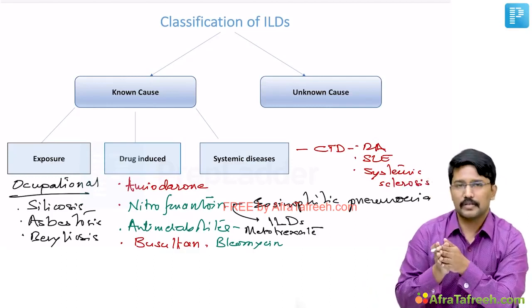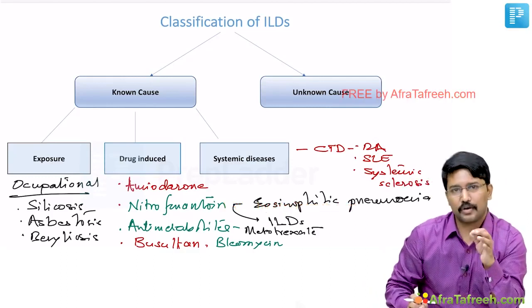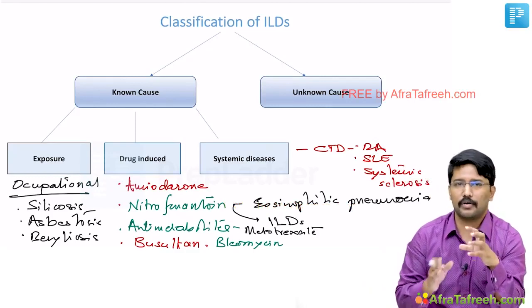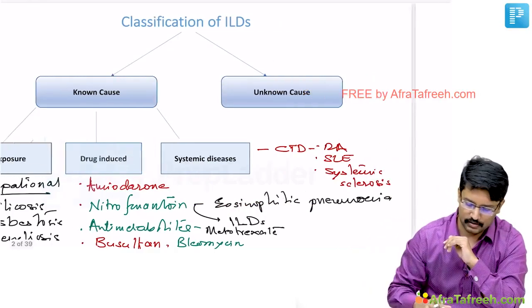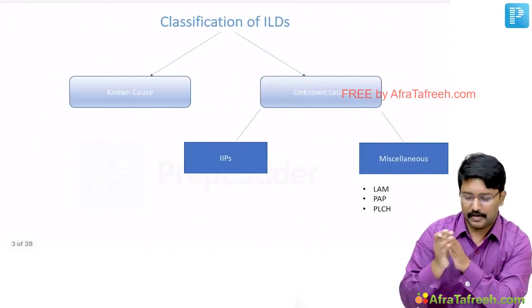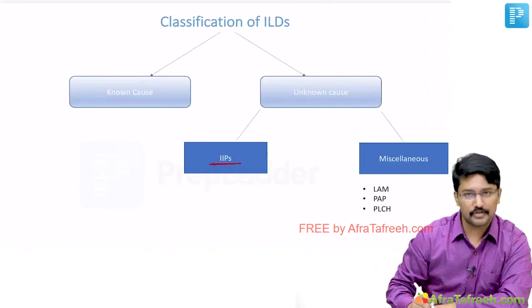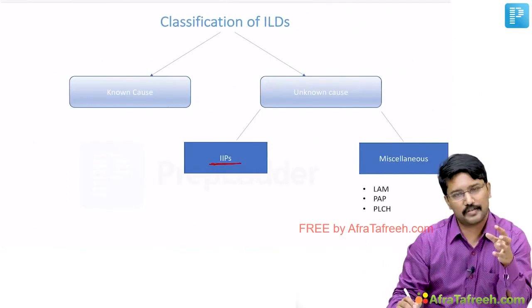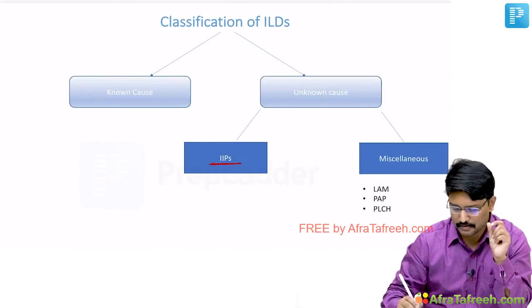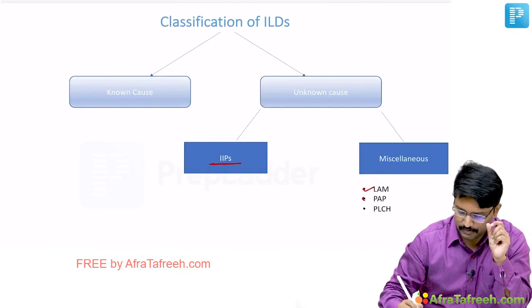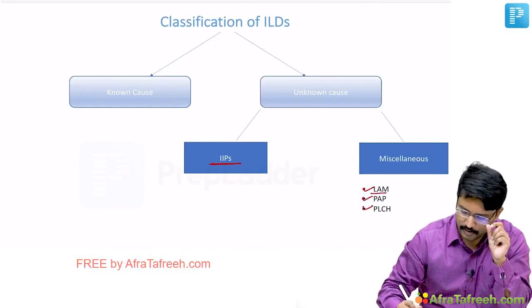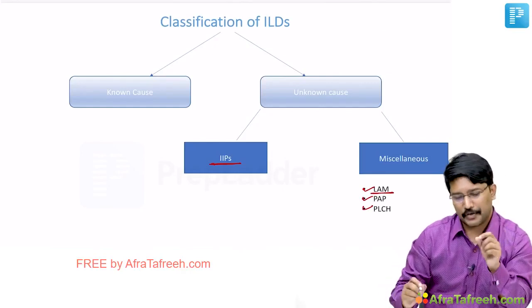But apart from this, for majority of interstitial lung diseases, we cannot figure out a cause, and those unknown cause are classified into a set known as idiopathic interstitial pneumonias and other miscellaneous conditions. The miscellaneous conditions, I am listing few important ones. One is lymphangiomyomatosis.